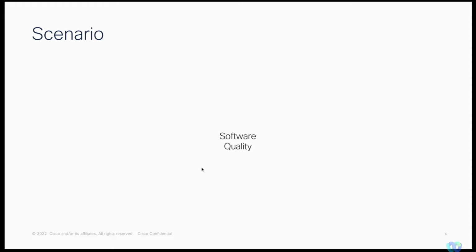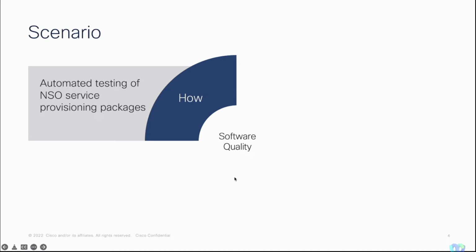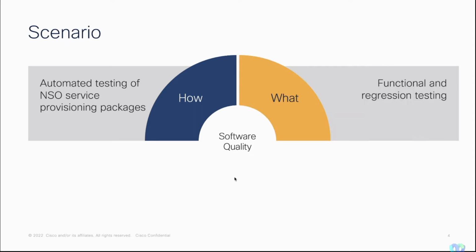So basically, one of our priorities when delivering software is software quality, right? So how to achieve that? One way is to test. And in order to do that, we wanted to automate the testing of the NSO service provisioning packages. Which kind of tests are we focused on?